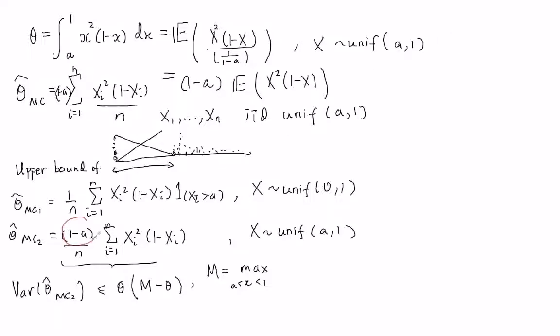Okay, these things, right? So you want to find the max of this, 1 minus a, x squared, 1 minus x, right? And this is very easy to find by direct calculus, right?